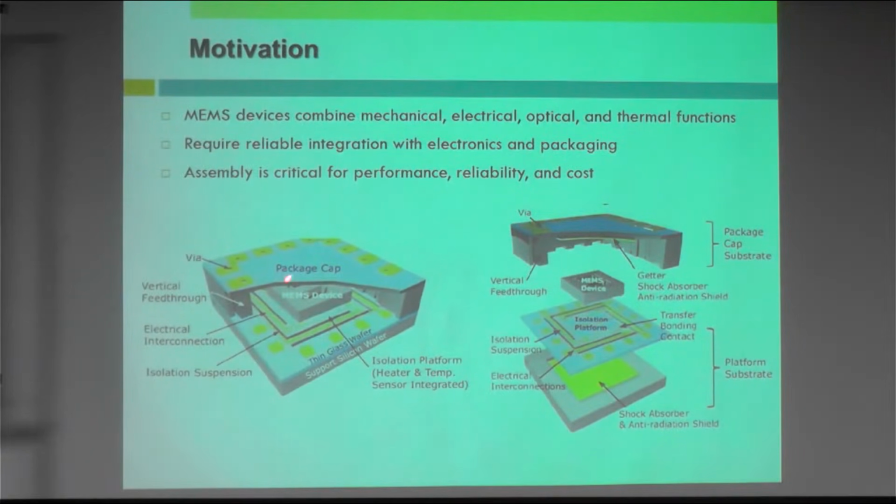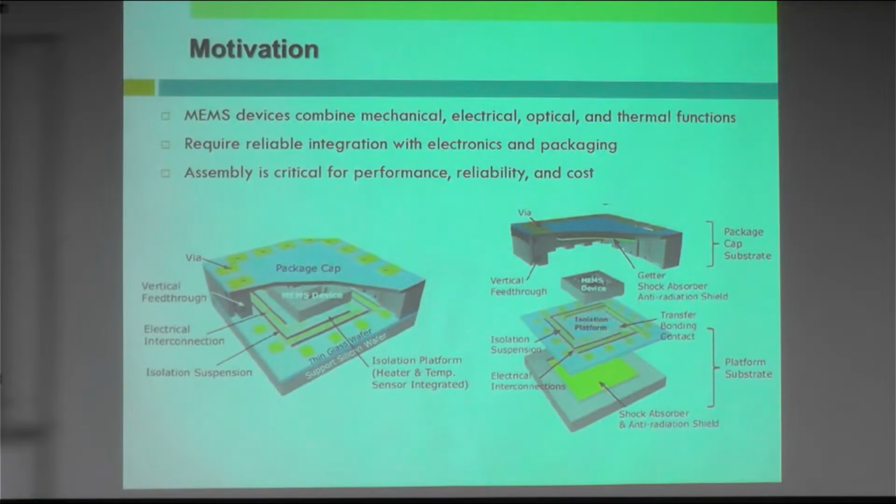At the same time, we have to address the electrical circuitry, in terms of contact points, for example circuit lines, and the thermal effect and thermal function of the device. Therefore, the assembly is very critical for performance, reliability, and cost.